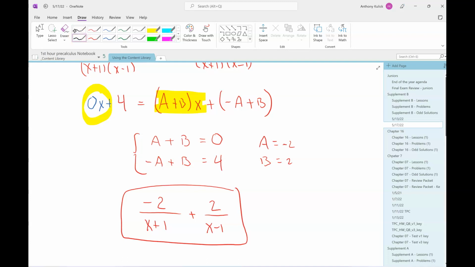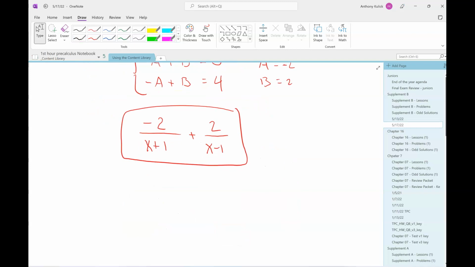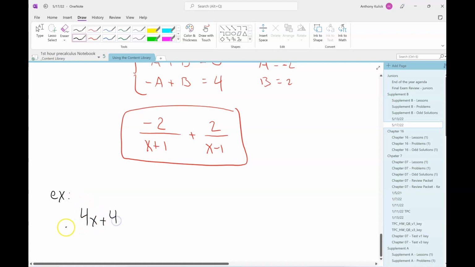All right. Let's see how this changes if the degree on one of the factors isn't 1. Let's write it this way.